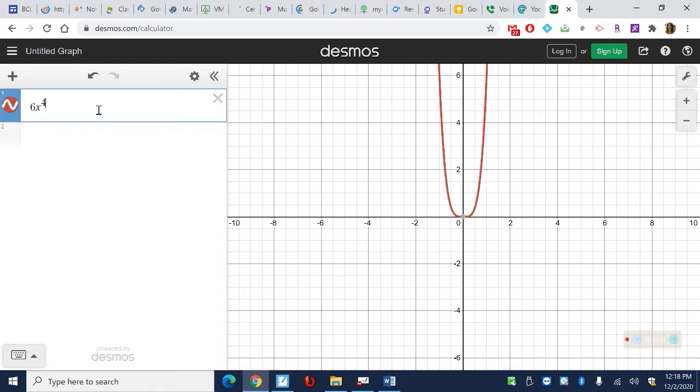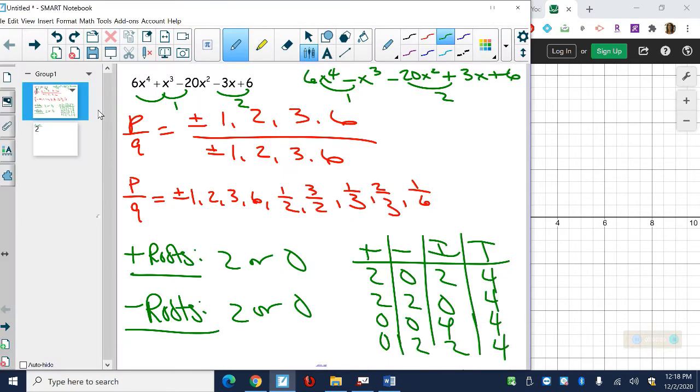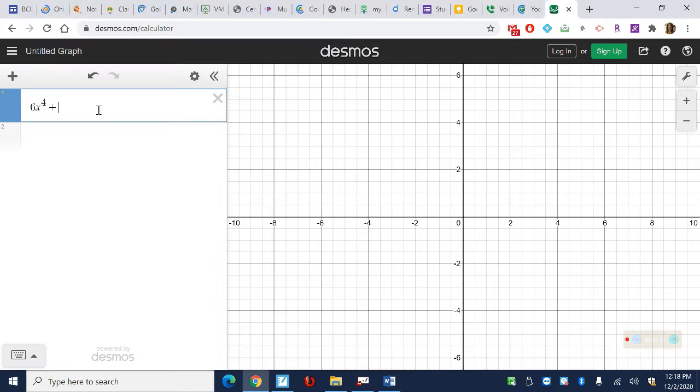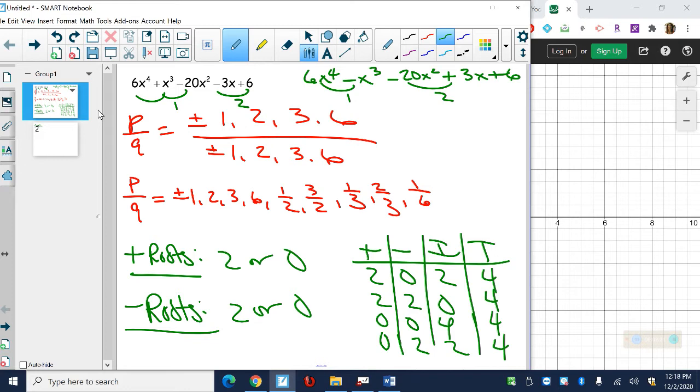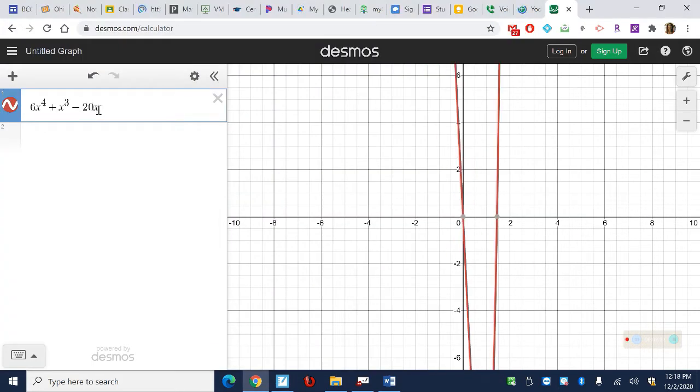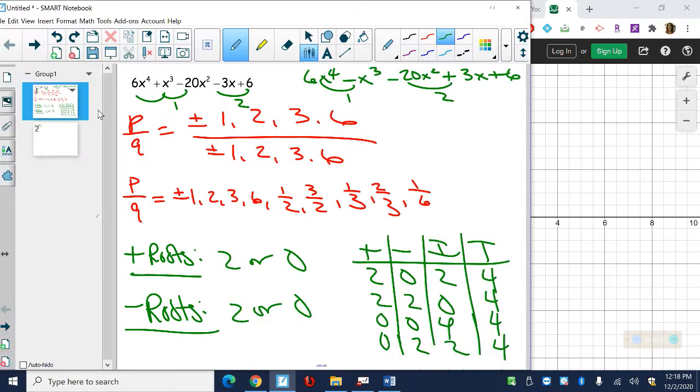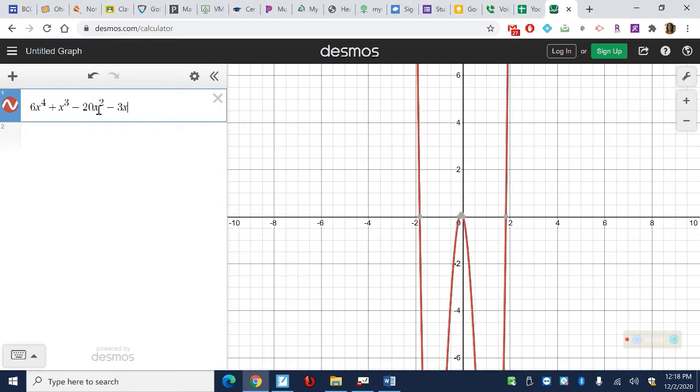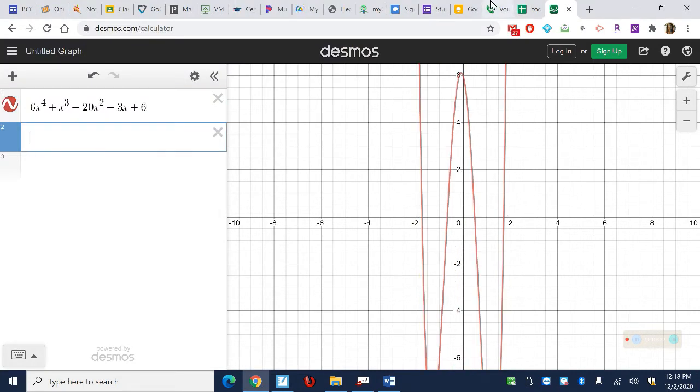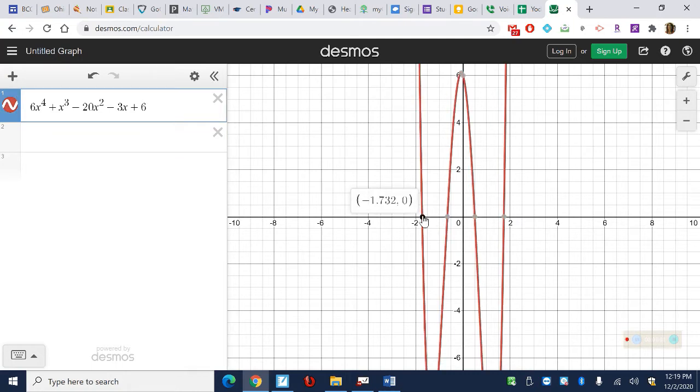Six x raised to the 4th plus x cubed squared. And hit enter. Then I'm going to touch my graph. And my brain needs to do some thinking.